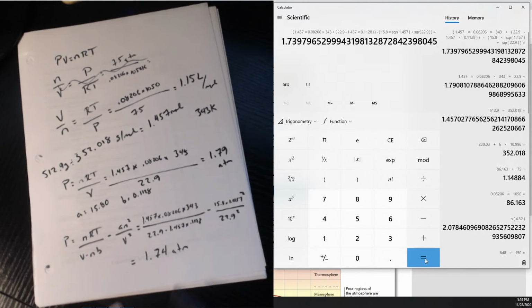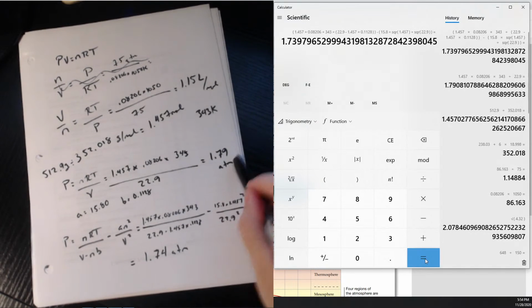So it's not an insignificant difference. That's about a 2-3% difference between the ideal gas and the real gas.